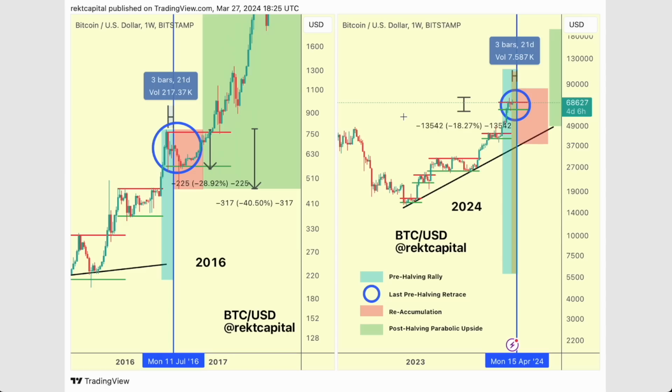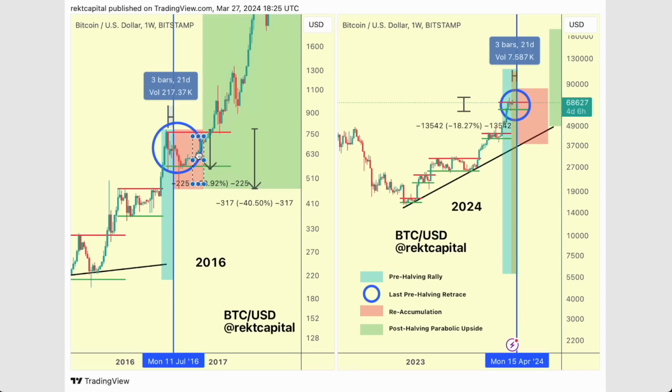That's the goal of the pre-halving retrace. It's supposed to help us identify where that reaccumulation range is going to form, and it gives us two opportunities for bargain buying. The last bargain buying opportunity in the pre-halving period is what this pre-halving retrace enables.